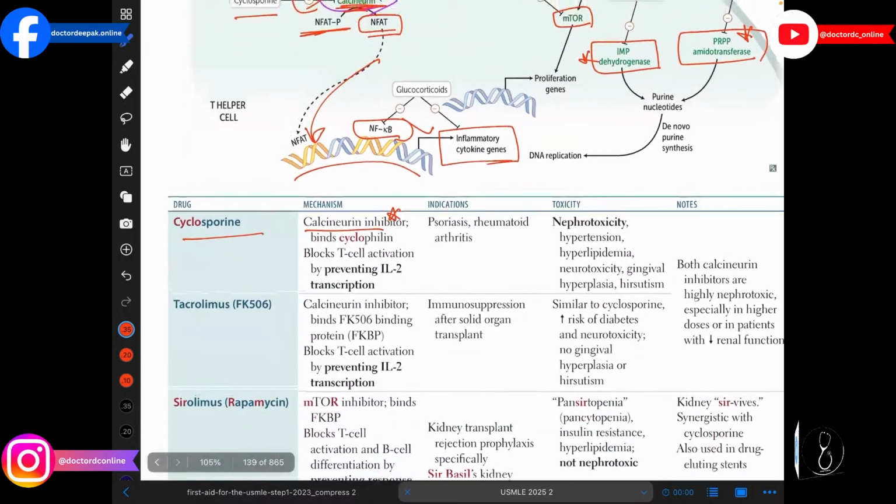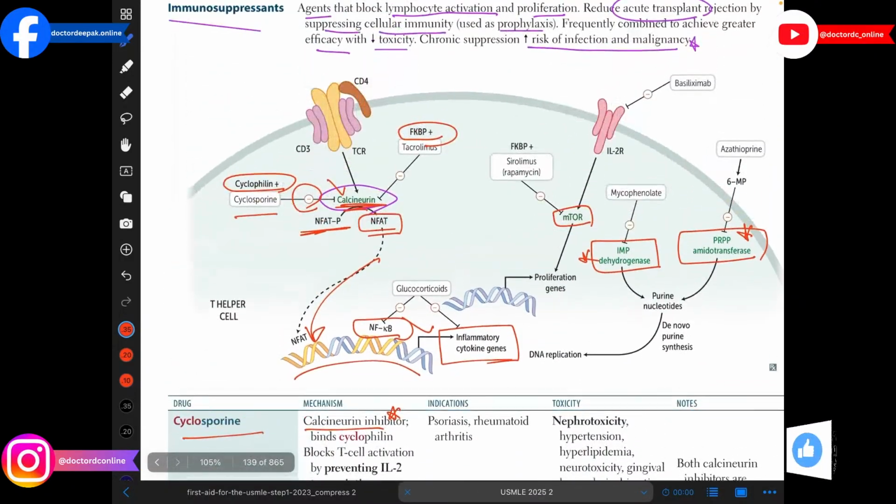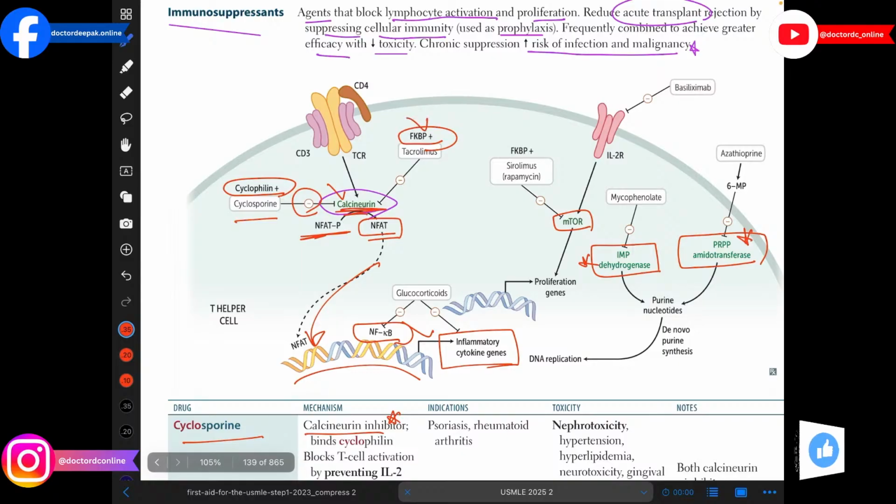Second, we have Tacrolimus. Tacrolimus blocks FKBP. FKBP also joins with calcineurin and makes this pathway, leading to the formation of NFAT that goes and does the transcription and makes the production of inflammatory cytokines.